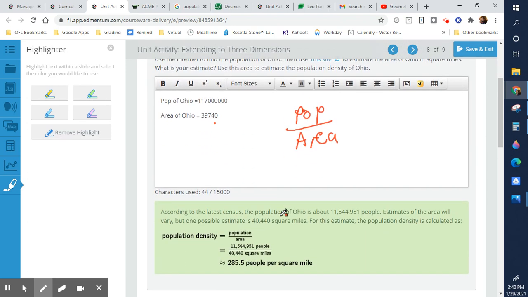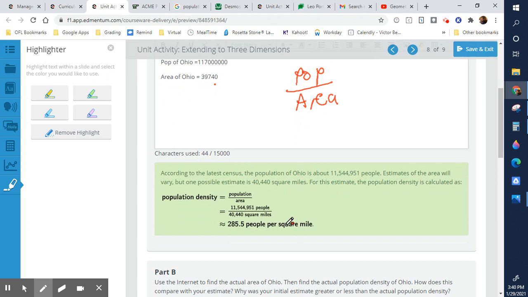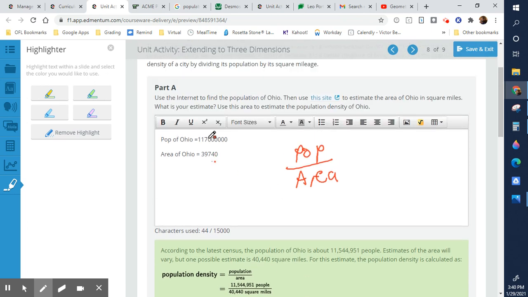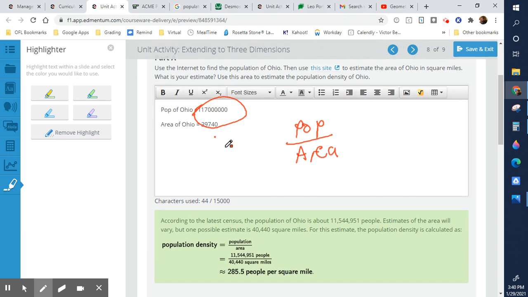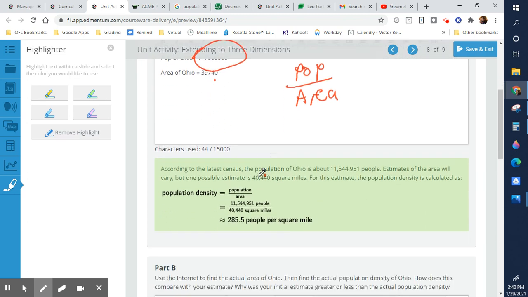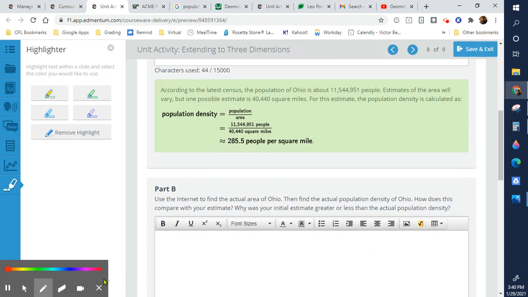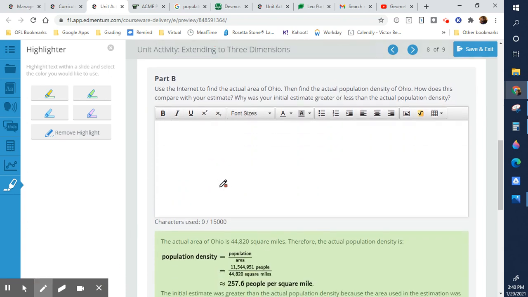So you should get some weird decimal. Oh, actually, you don't get a decimal because of how big the population is. That was my bad. This is a really big number. Your number might be different.